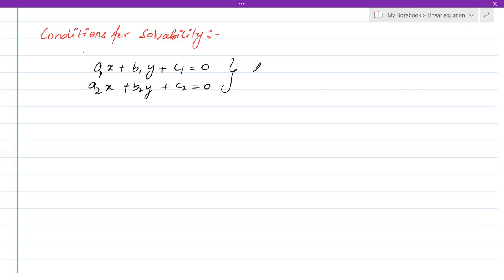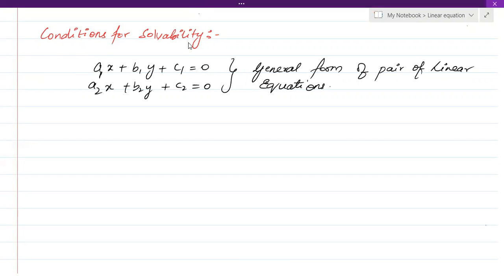This is the general form, or the standard form, of a pair of linear equations.